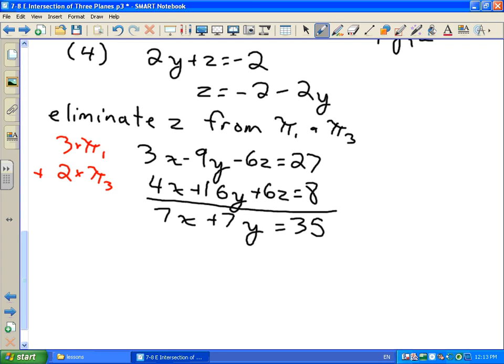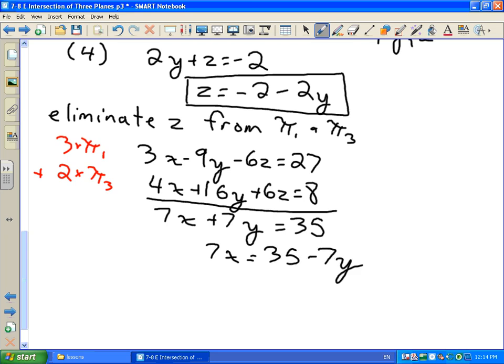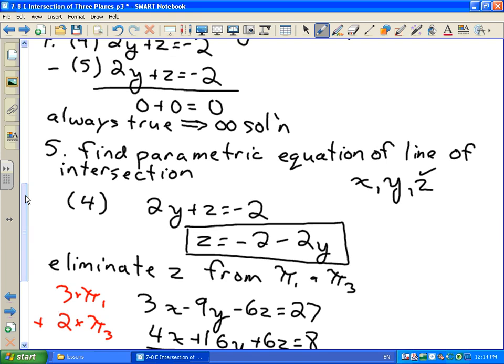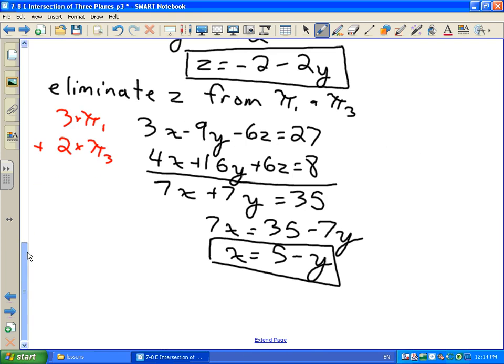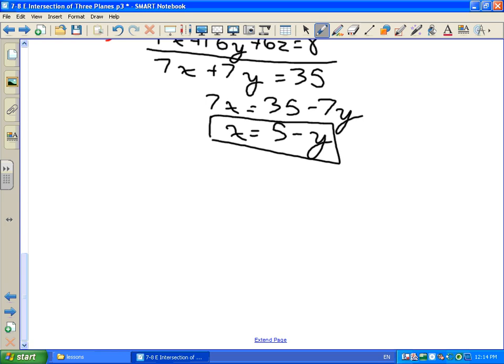And what we have right here is an expression for x in terms of y. So 7x will equal 35 minus 7y. Divide through by the 7: 5 minus y. So we've got expressions for z and x, we just need something for y.